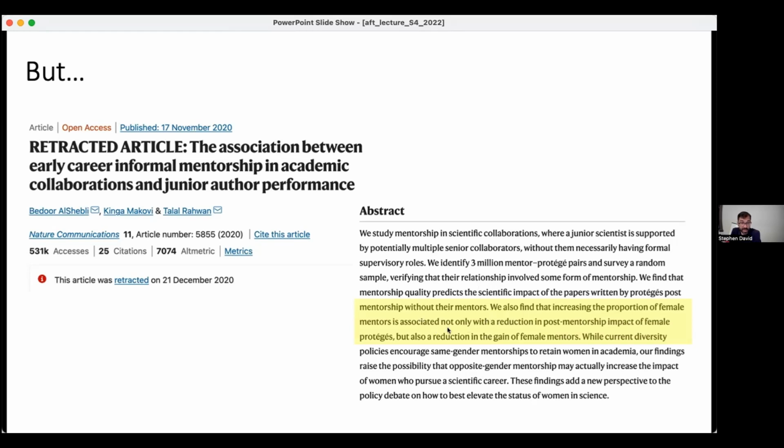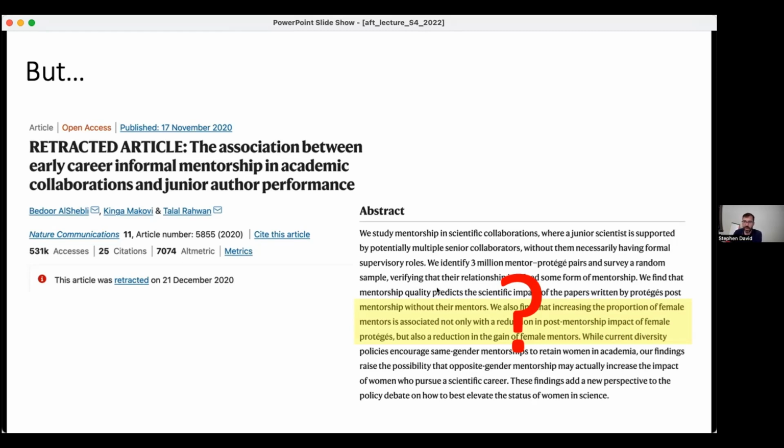So this study was published, received massive criticism, and was retracted, primarily, at least superficially, because of technical details. I'm not going to comment on it too much, but I feel like part of the issue was that it just raised a result that people didn't want to hear, right?